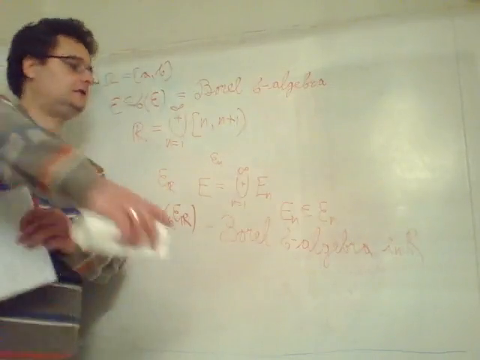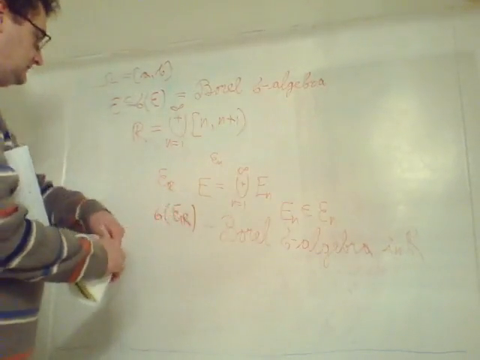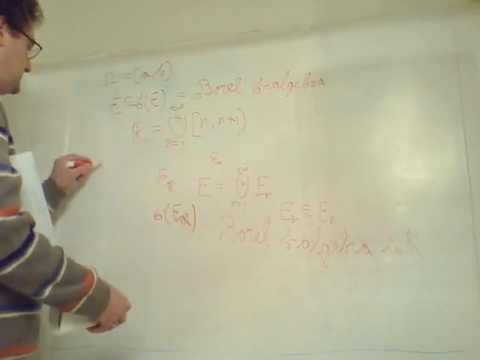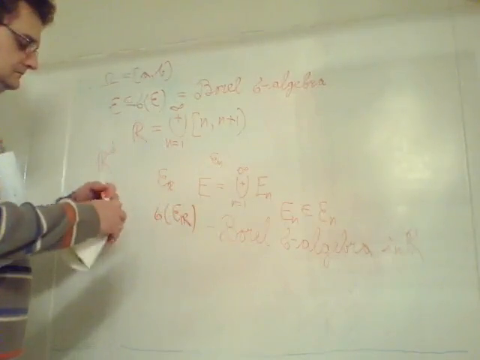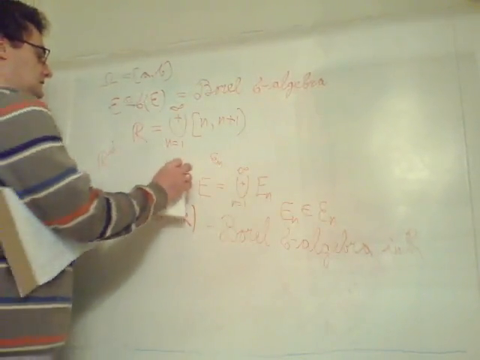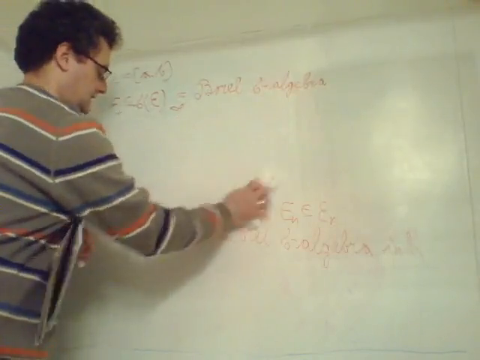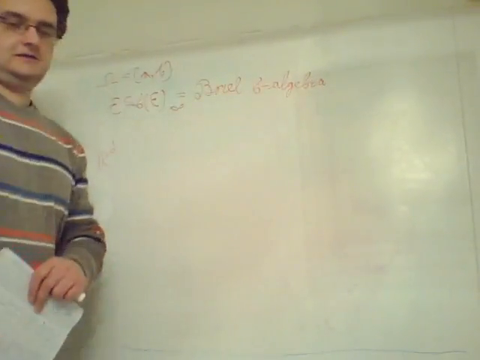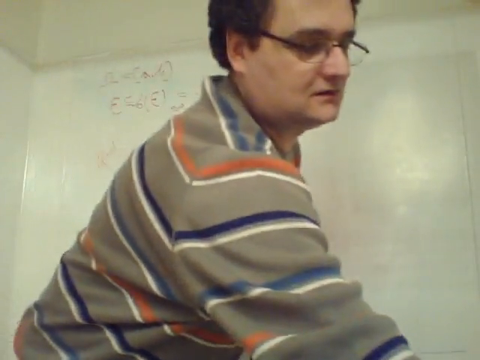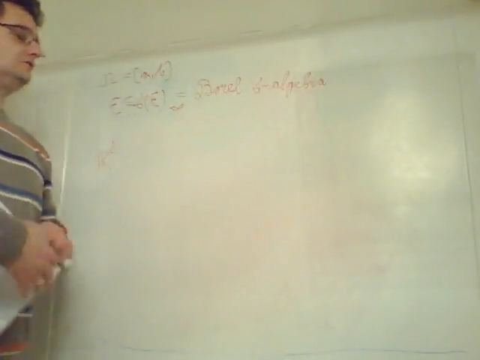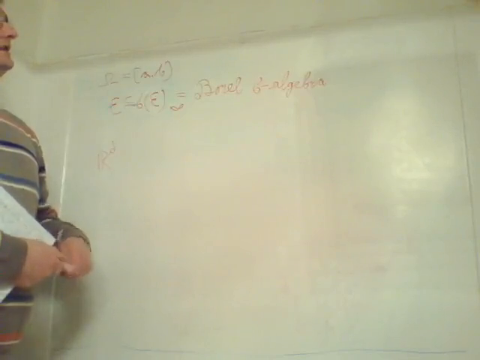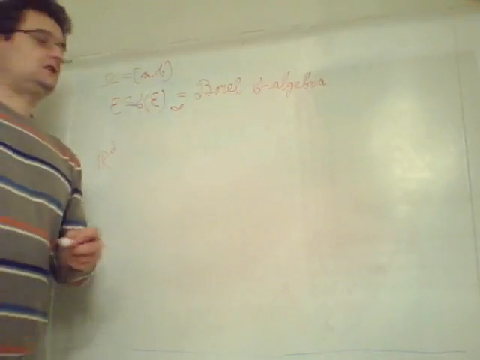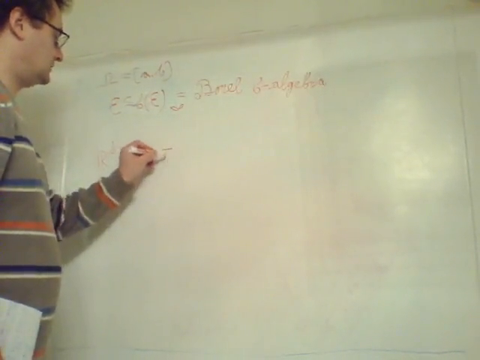Or in general, if you have R^d, a d-dimensional vector space, we can build elementary sets, which are finite unions of d-dimensional intervals. So what would be a d-dimensional interval?